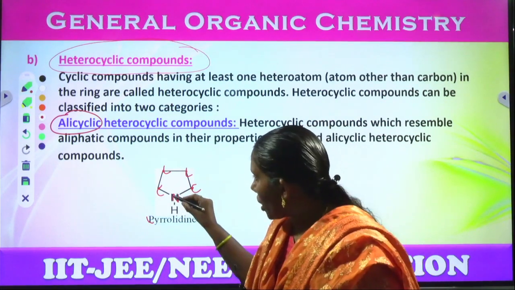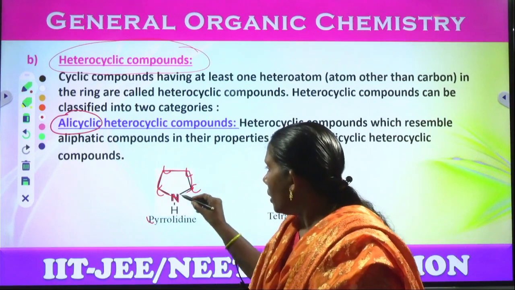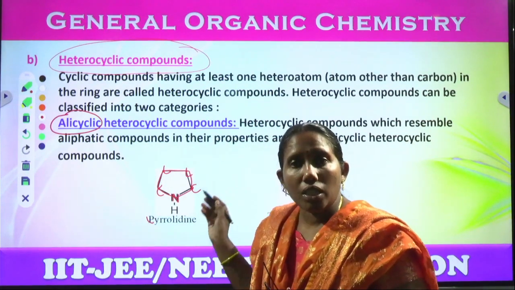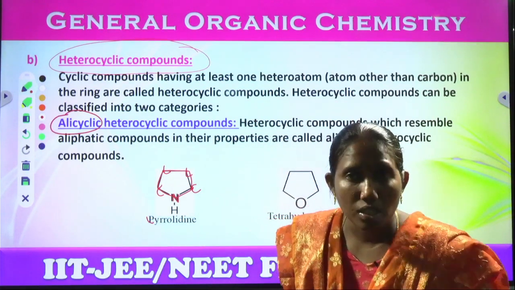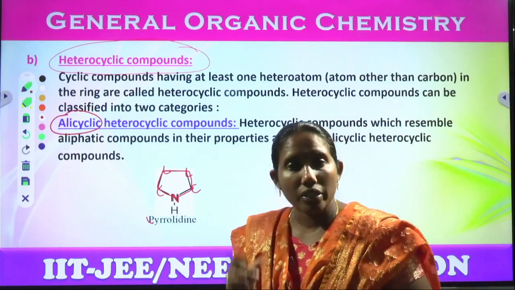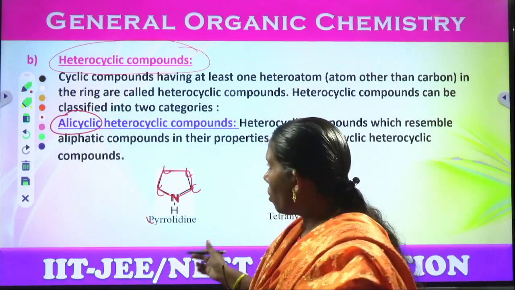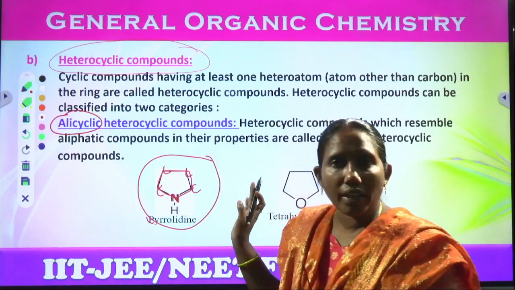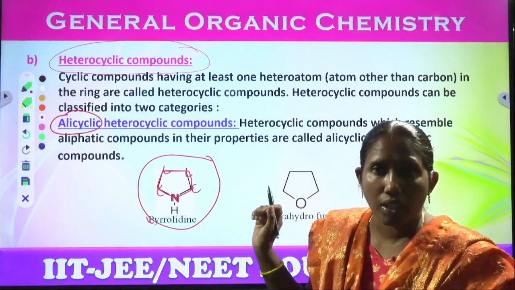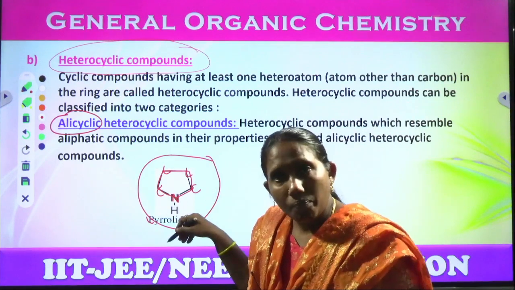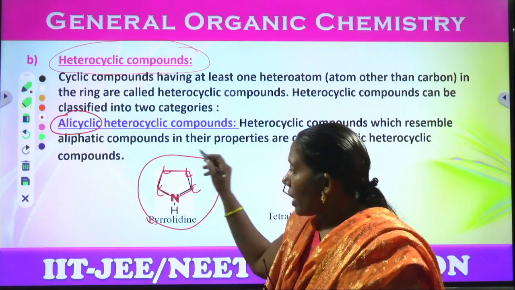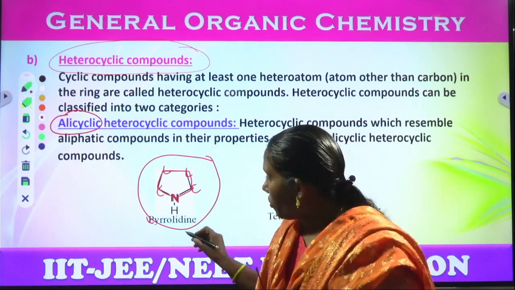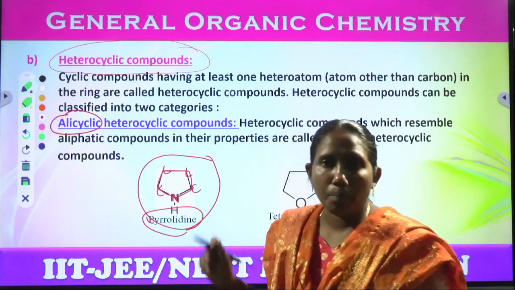So in the ring, along with carbon, another atom is introduced. That atom is called a heteroatom. So these are called heterocyclic, and it is aliphatic in nature, not aromatic. The name of this compound is pyrrolidine.